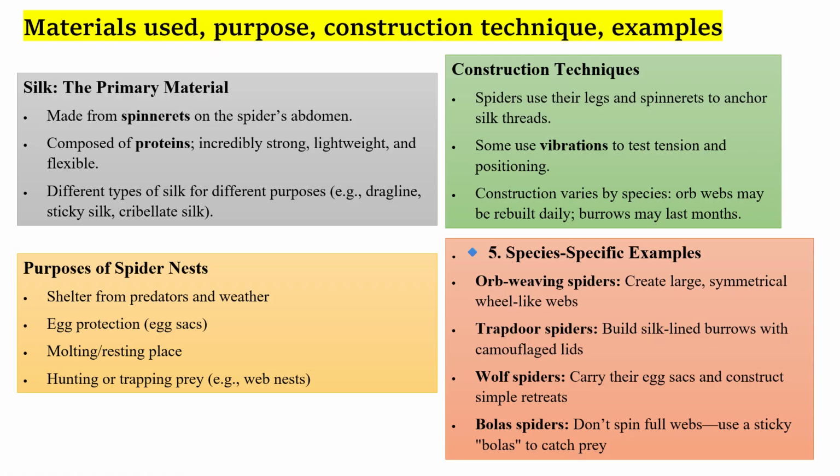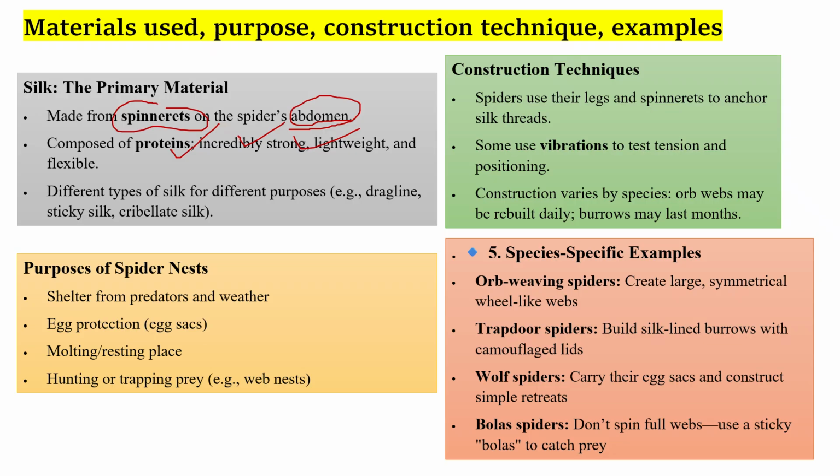Now, the primary material used by the spider for constructing the web comes from the spinnerets, which are on the abdomen of the spider. They secrete silk, which is a flexible, strong and lightweight protein, using which the spider prepares the web.